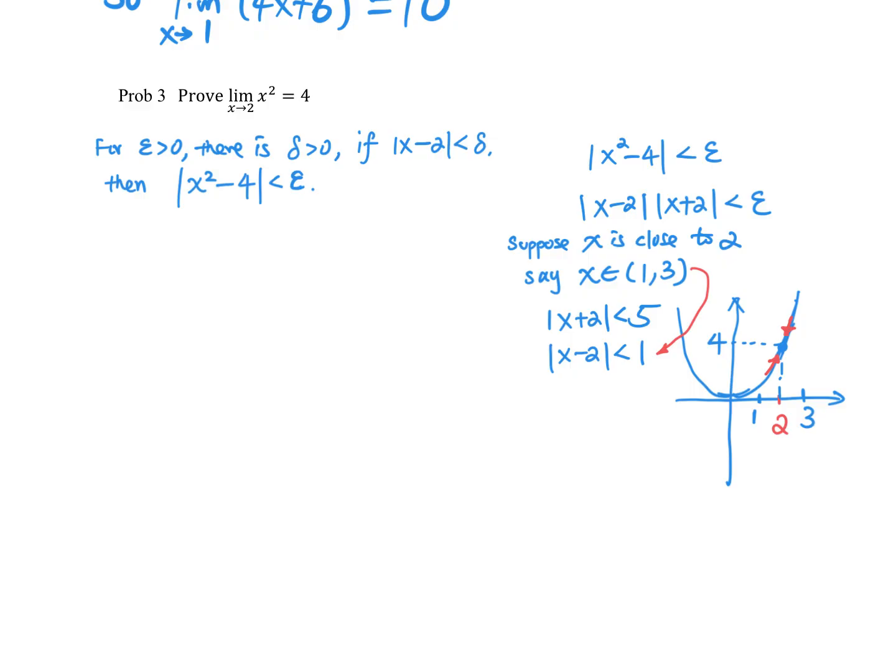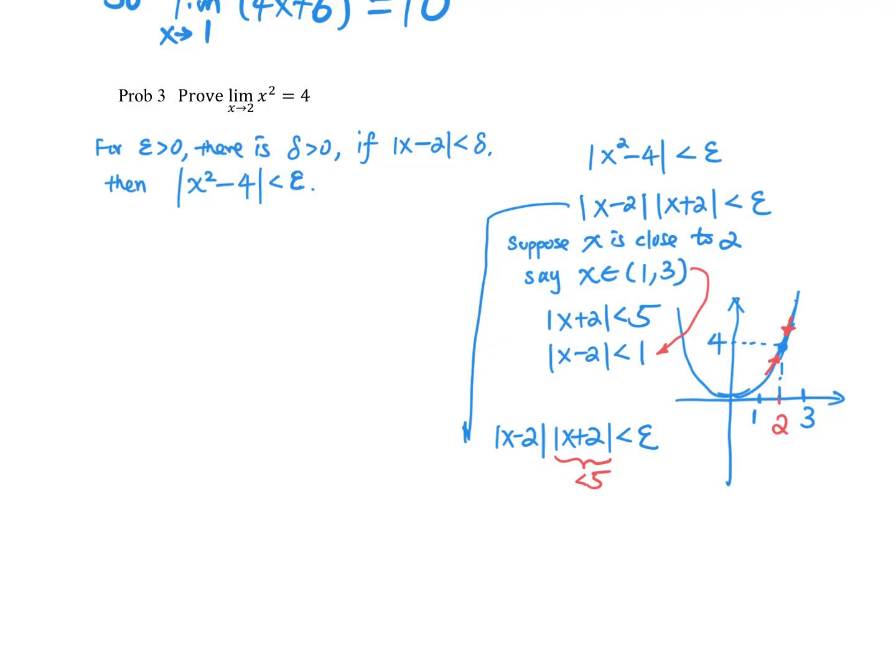So now, continue. Let's take a look, this is a really tricky one. So continue from right there. So we are talking about the absolute value of x minus 2 times x plus 2 less than epsilon. And we already know this guy is less than 5 based on our little assumption there, right?